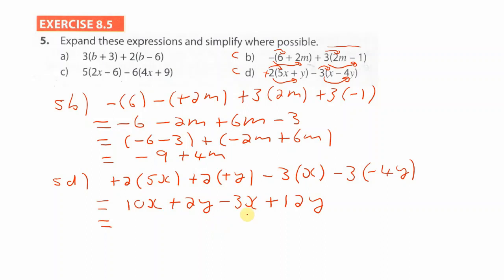Okay, we have some terms that are like, so let's group them. We have 10x. We get rid of 3x. We have 2y's. We add another 12y's.